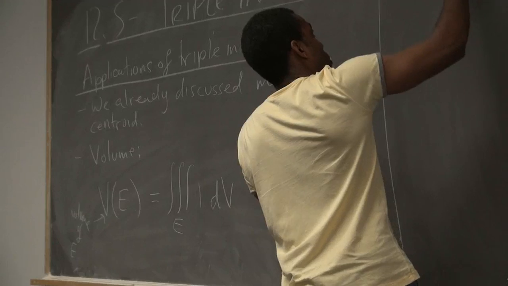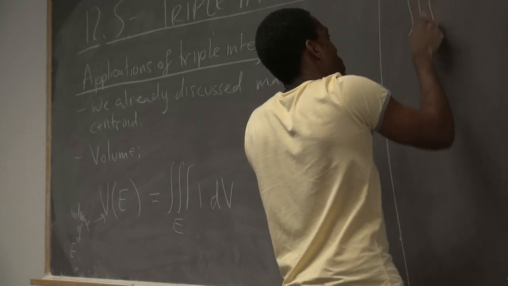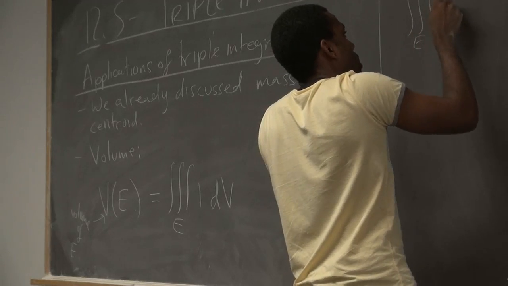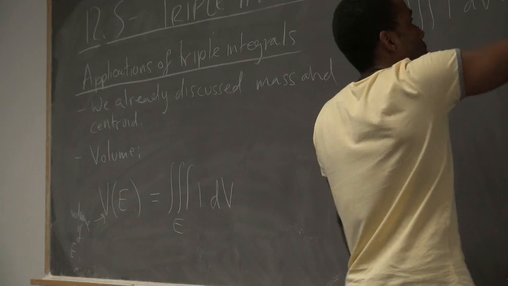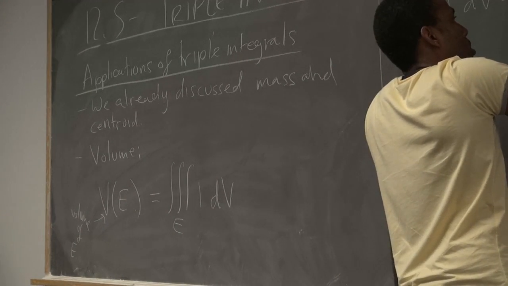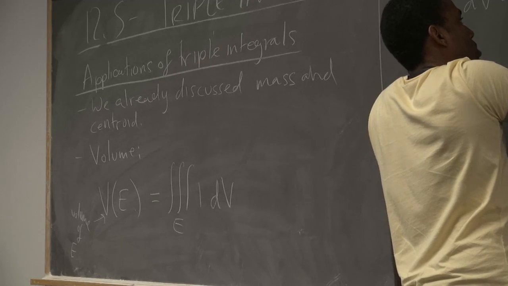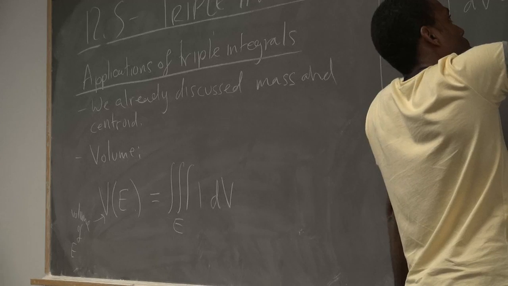Why? Let's say you had this triple integral over E of 1 dV. You could actually set this up as a double integral where it would be something like bottom surface up to a top surface.